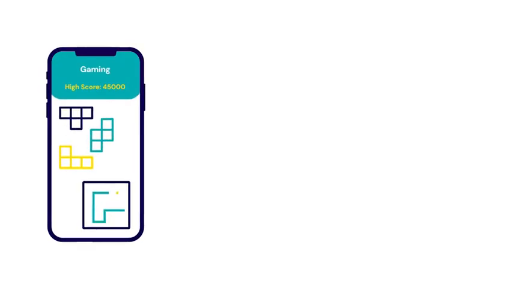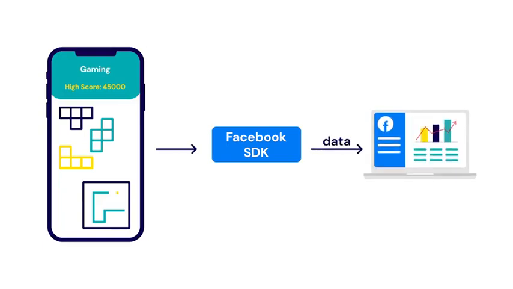You may decide to use the Facebook SDK so your users can log in with their Facebook credentials. By having your users log in with their Facebook ID using the SDK, some data is sent back to Facebook. This makes it possible for you to see things like whether people who saw an ad on Facebook for your gaming app download your app.